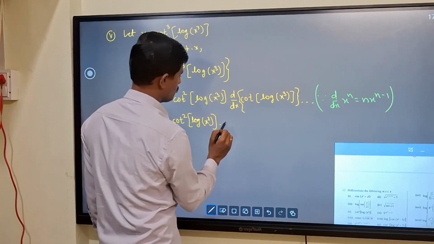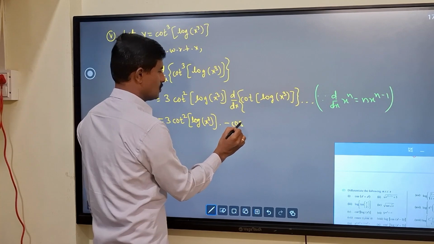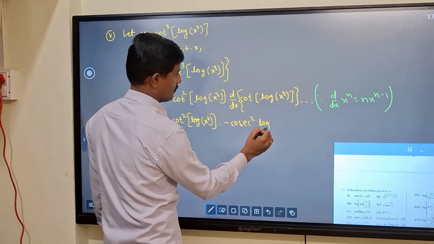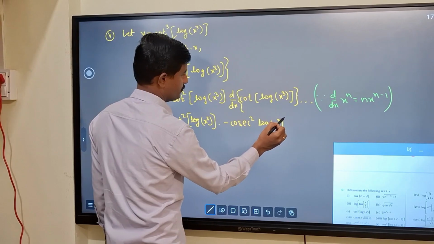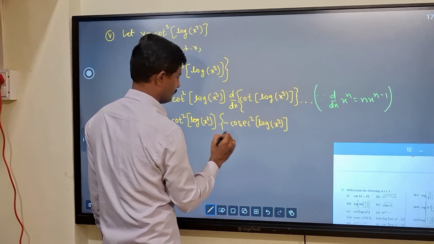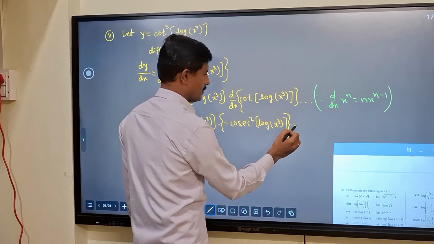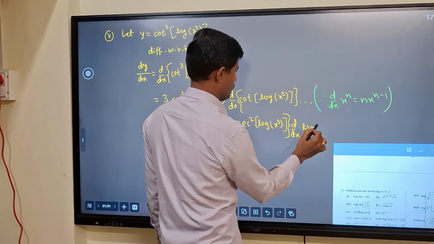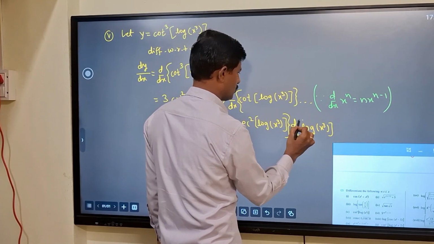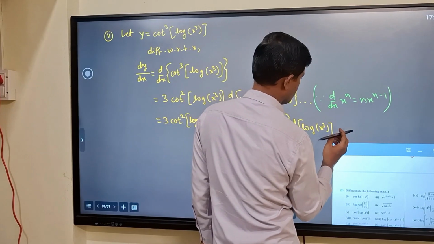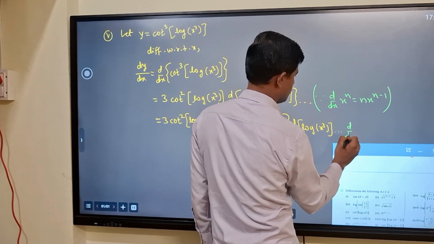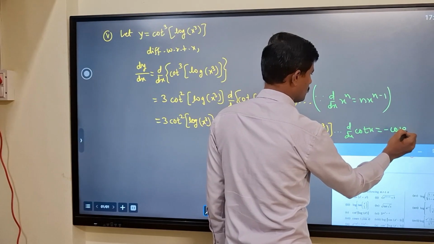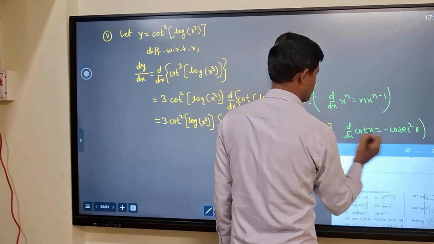Now differentiation of cot is minus cosec square log of x cube. Again d/dx of log of x cube. Here we used the formula d/dx of cot x is minus cosec square x.